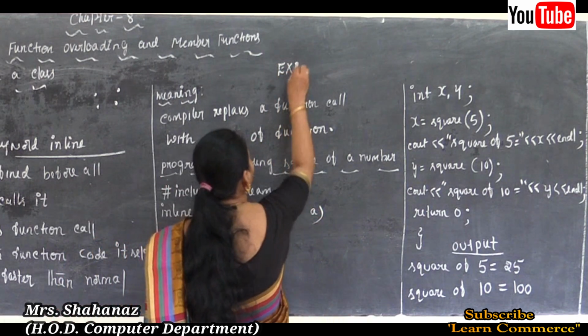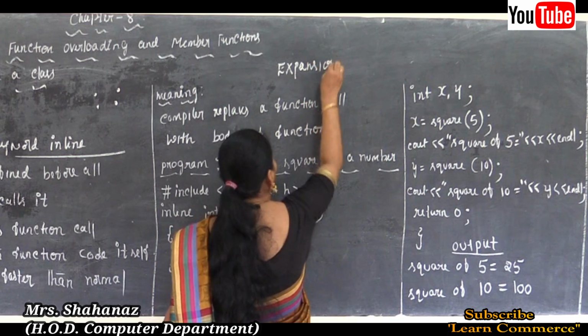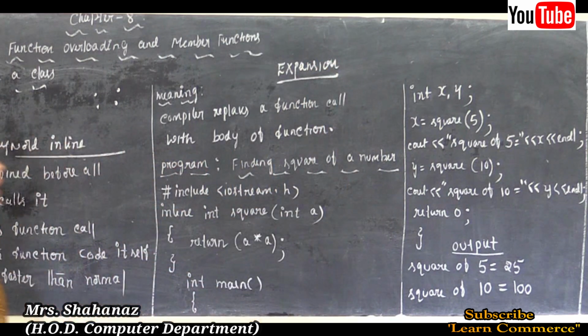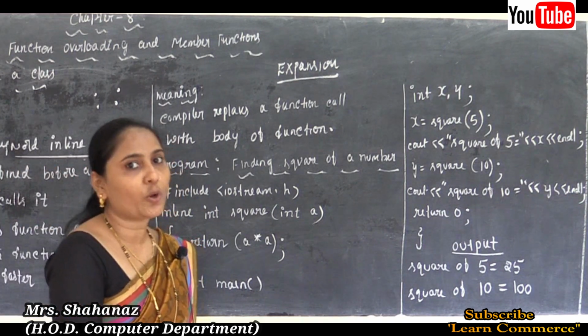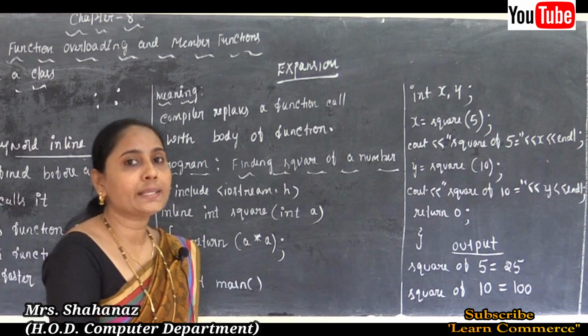So which process is known as the expansion? The process where the compiler replaces the function call with the body of the function. So this process is known as the expansion.